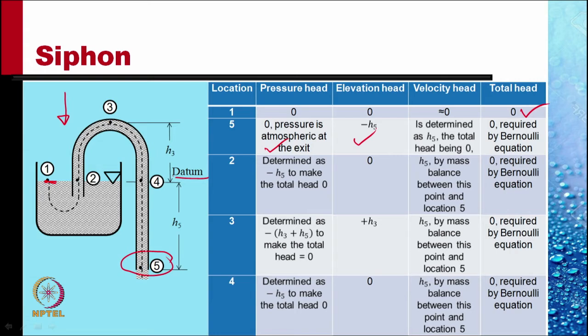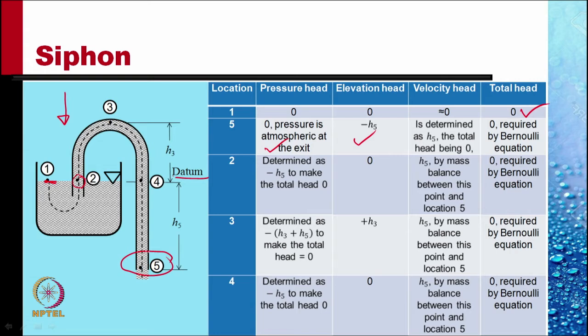Then we move on to point 2. What do we know here? We don't know the pressure, this is inside the pipe, but we know the elevation head, which is 0, and we know the velocity head. Why? Because mass balance between point 2 and 5 would give you the same mass flow rate, and if the area of the tube is constant, then the velocity must be same.